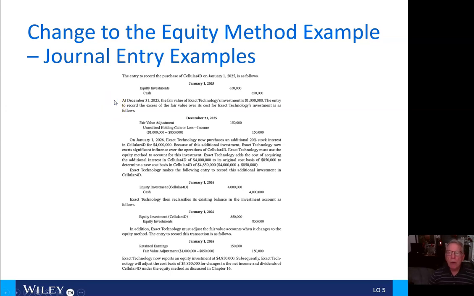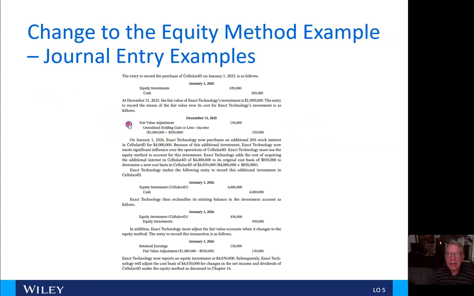At December 31, 2025, the fair value of Acctg Technology's investment is $1 million. The entry to record the excess of the fair value over its cost for Acctg Technology's investment is as follows.